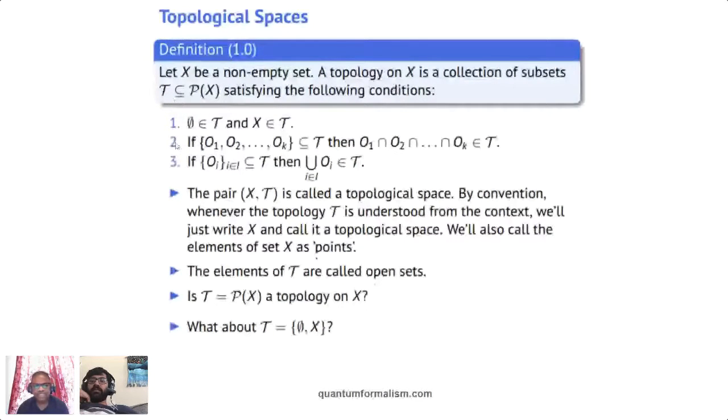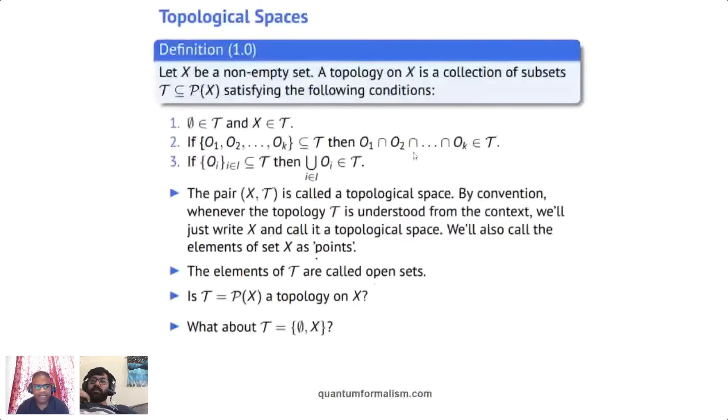The second condition is that if you have a finite collection, let's call them O1, O2 to Ok, then the intersection of these elements of T has to lie in T also. In other words, T is closed under finite intersection.